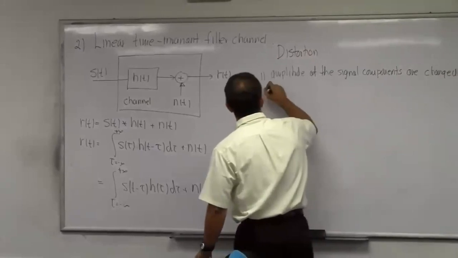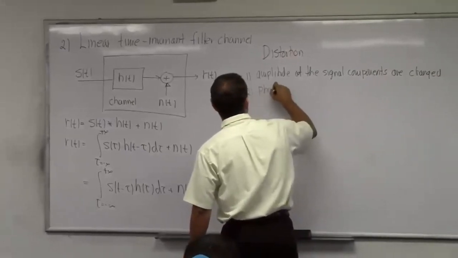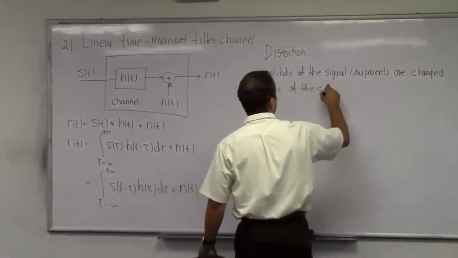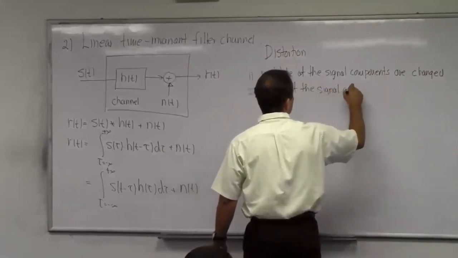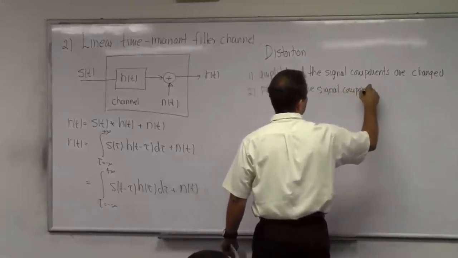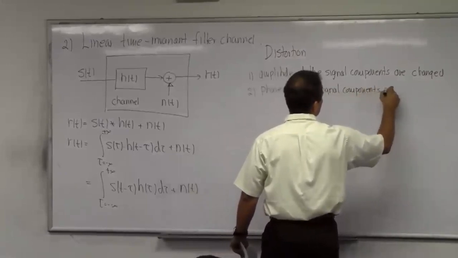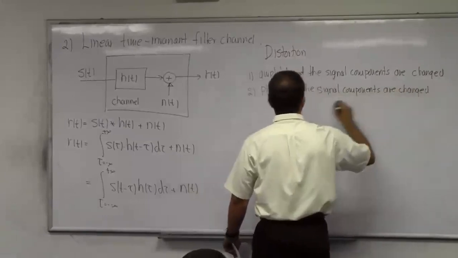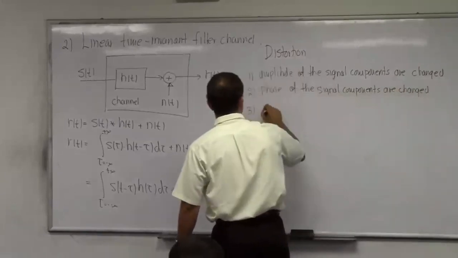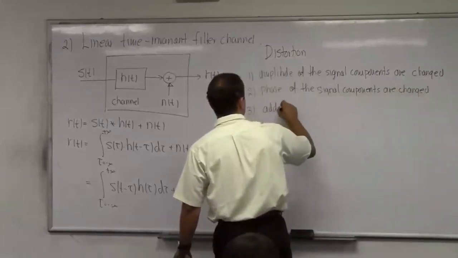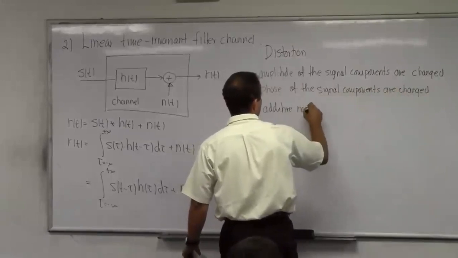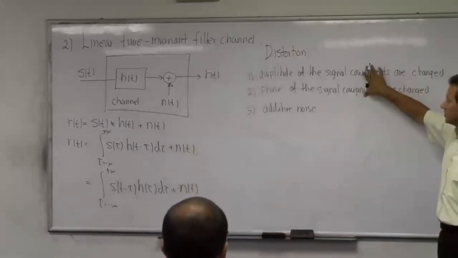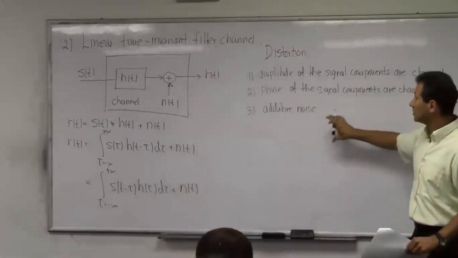Also, the phase of the signal has changed. And then the third one is you still have additive noise. These two are, again, non-additive distortions. This is an additive distortion.